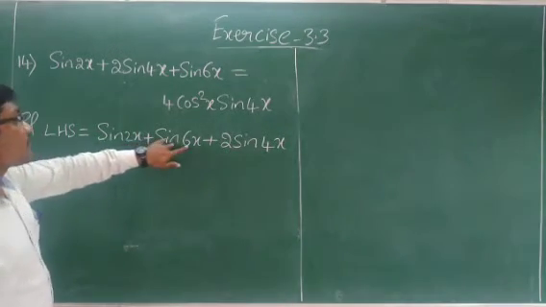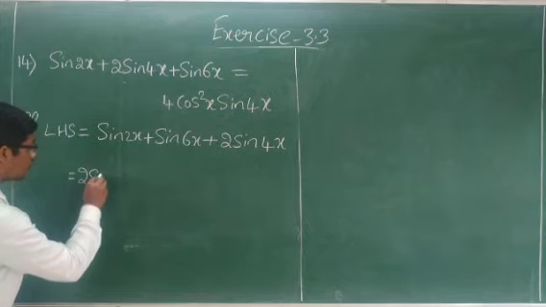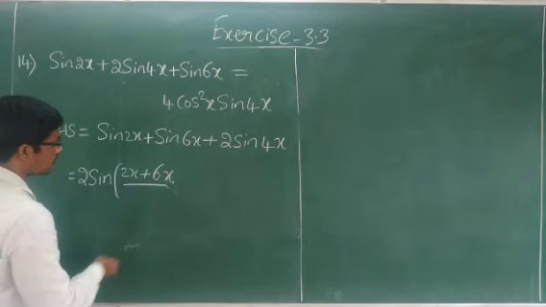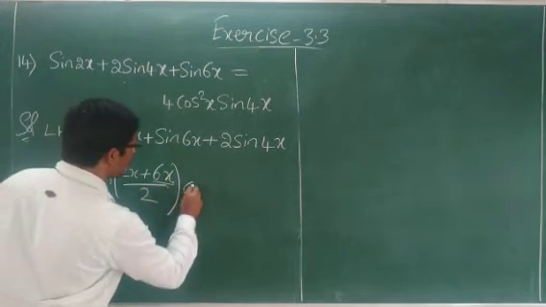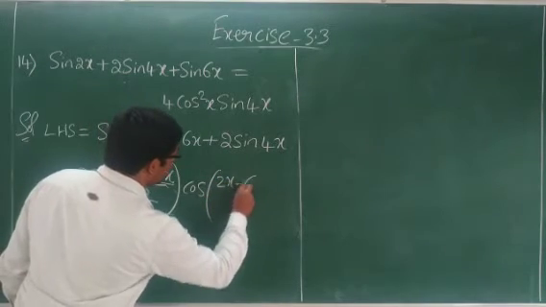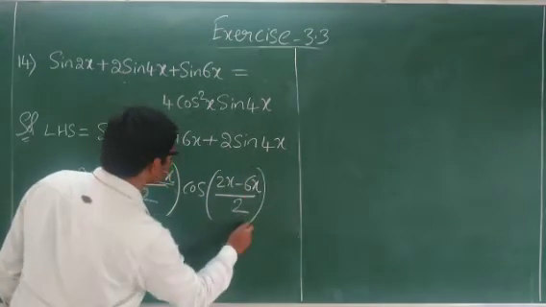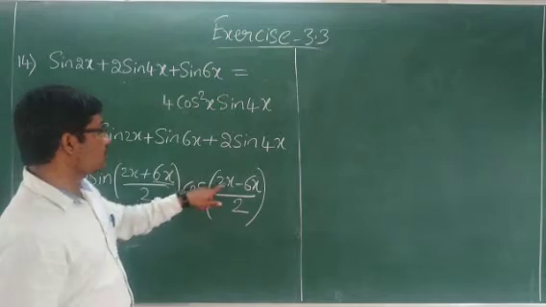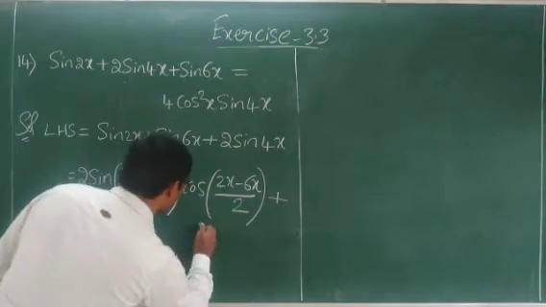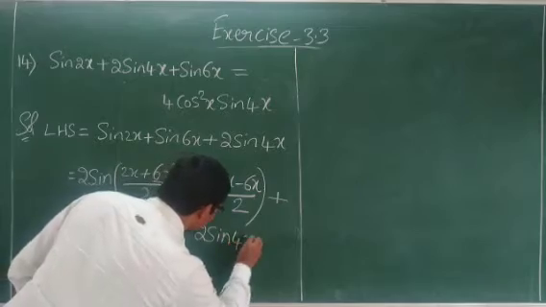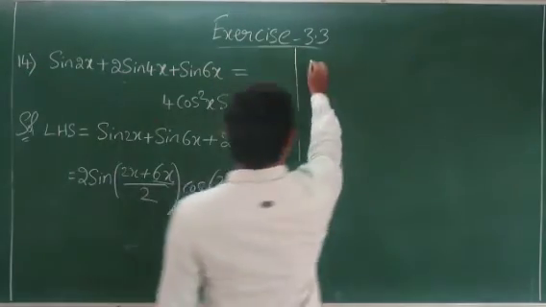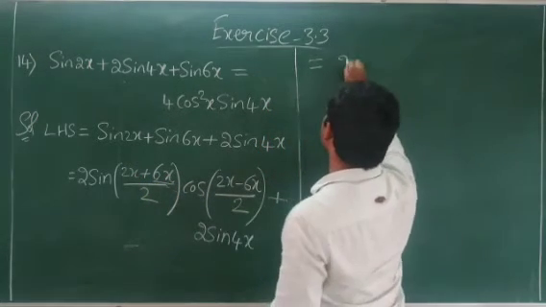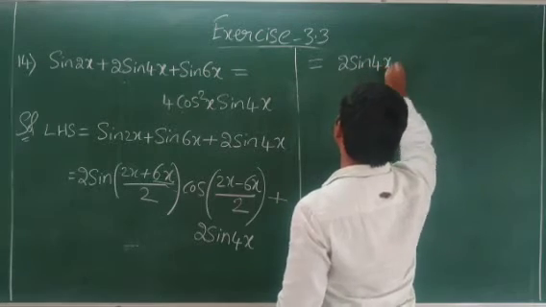Now we apply sin x plus sin y, which is 2 sin of (x plus y) by 2 into cos of (x minus y) by 2. So we get 2 sin of 4x, since 2x plus 6x is 8x, 8x by 2 is 4x.